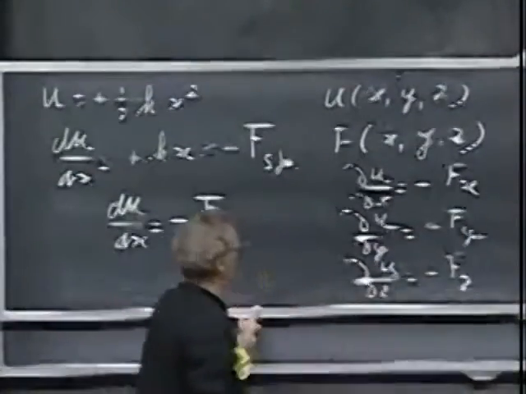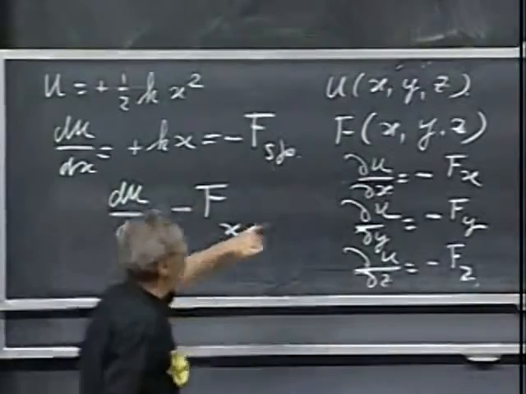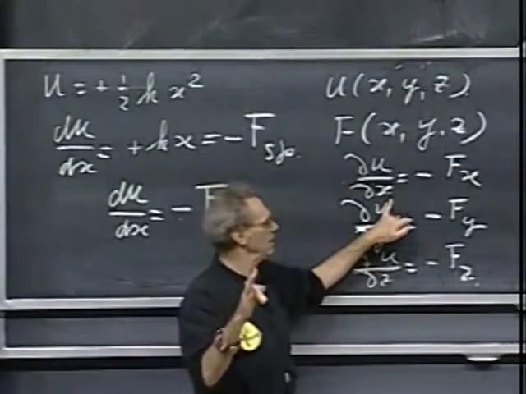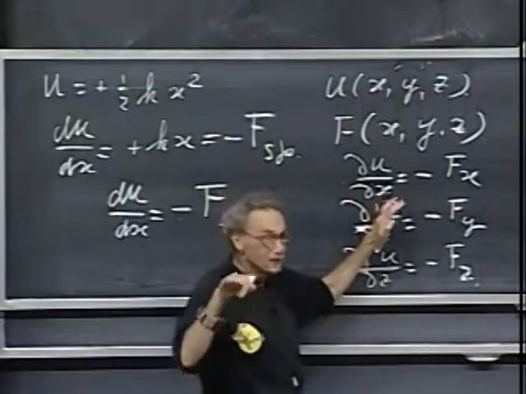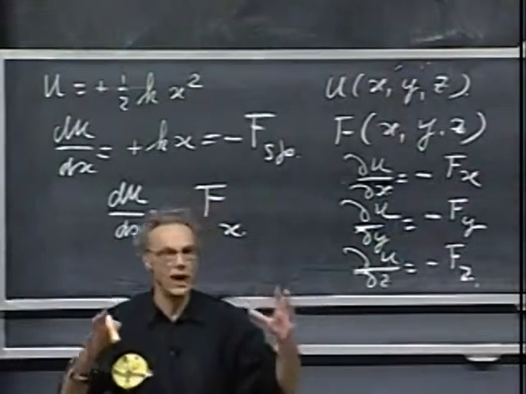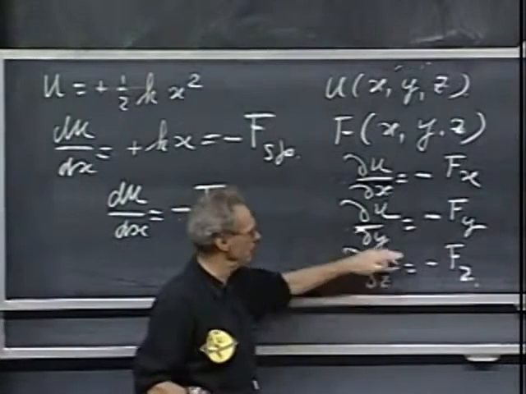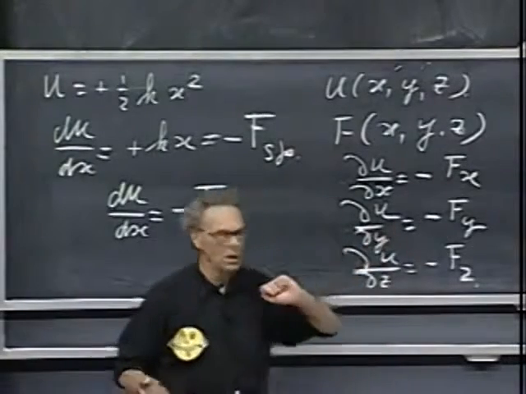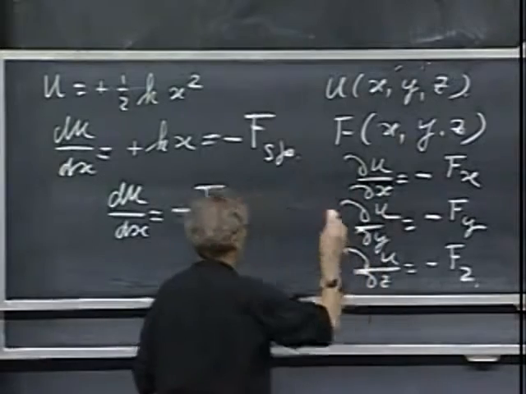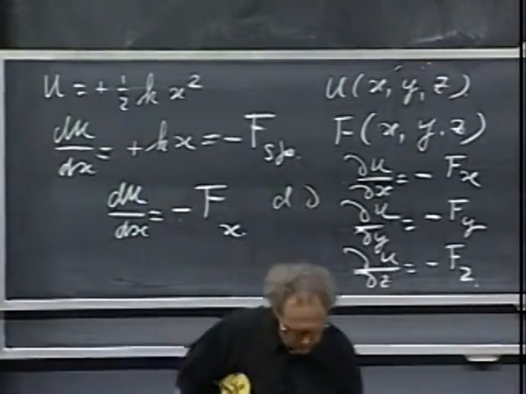What does this mean? If you're in three-dimensional space, you move only in the x direction, you keep y and z constant, and the change equals minus Fx. That gives you the component of the force in the x direction. You move only in the y direction, you keep x and z constant, and then you'll find the component of the force in the y direction. We call these partial derivatives, so we don't give them a d, but we give them a little curled delta.